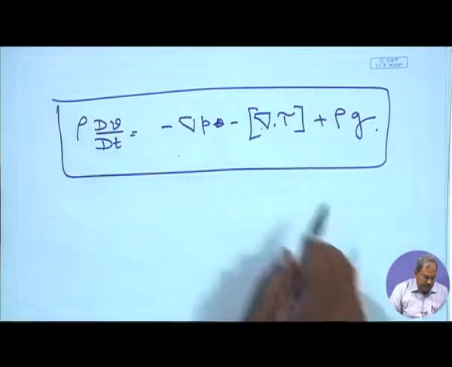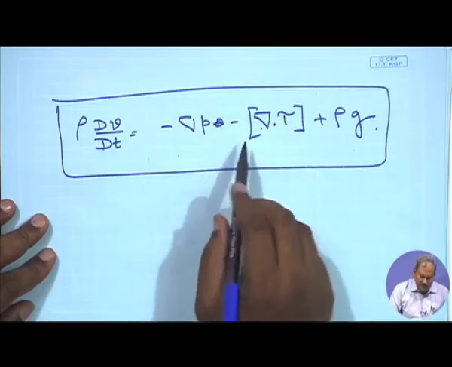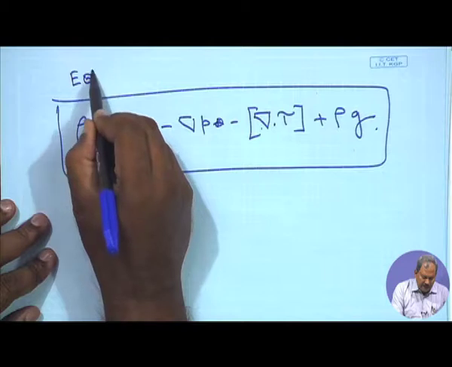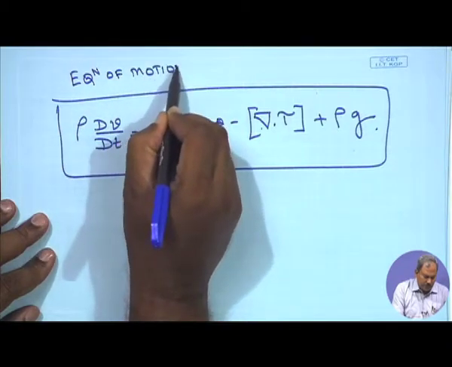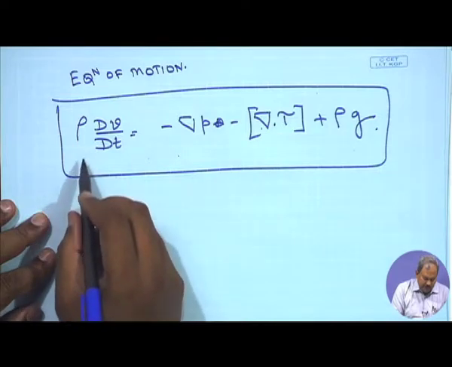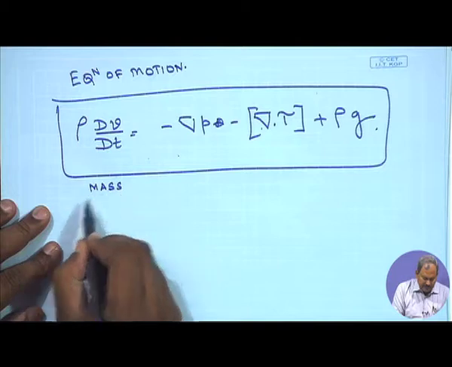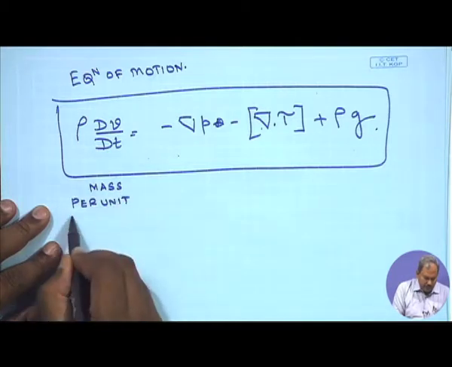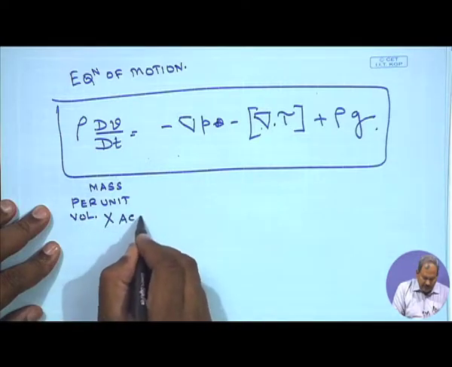This equation in vector tensor notation is essentially known as the equation of motion, where rho times dv dt is essentially mass per unit volume times acceleration.